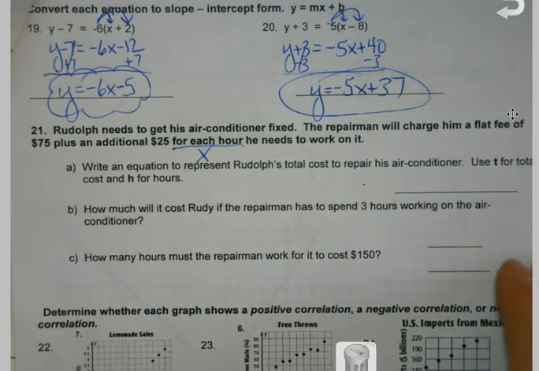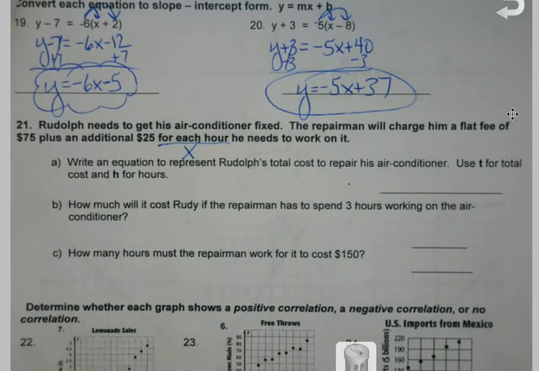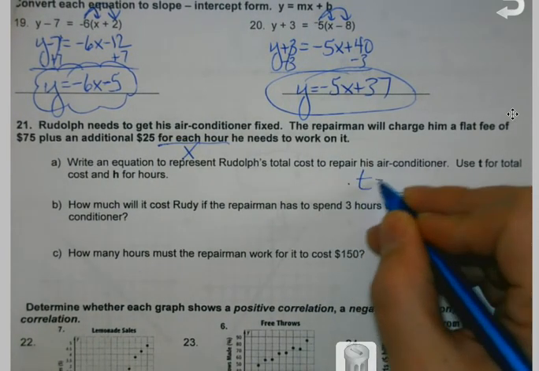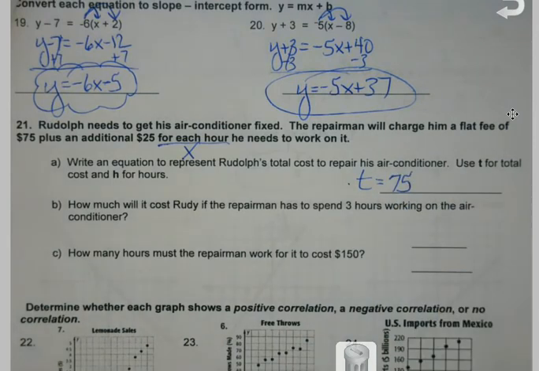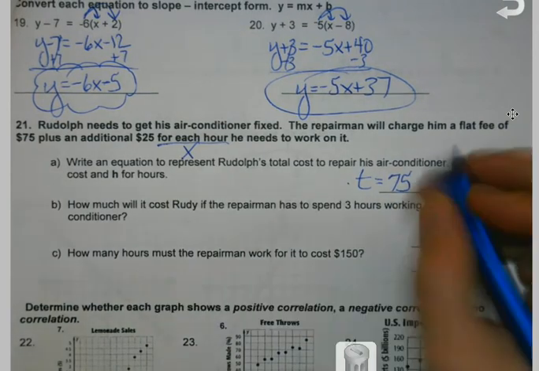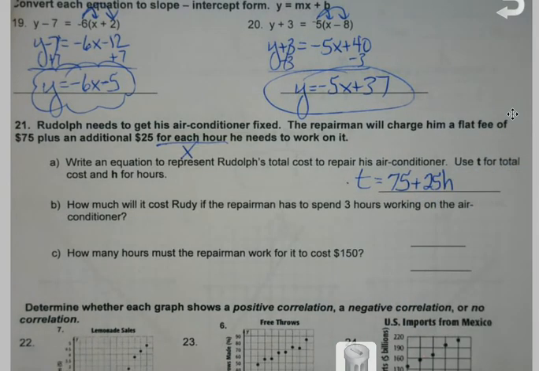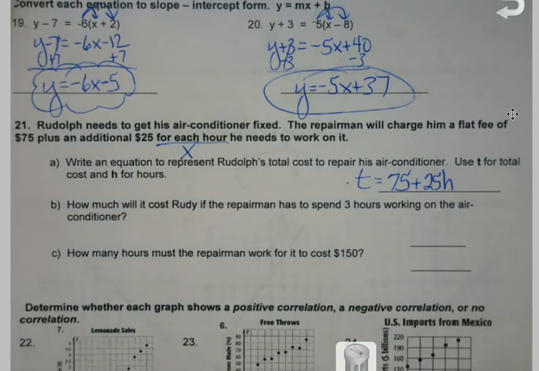Use T for the total cost and H for hours. Okay. So in total, it's going to cost me $75, whether it takes him 5 minutes or 5 hours, plus $25 for each hour he works. So if he works 3 hours, I'd plug a 3 in here. I'd find out it's $150.